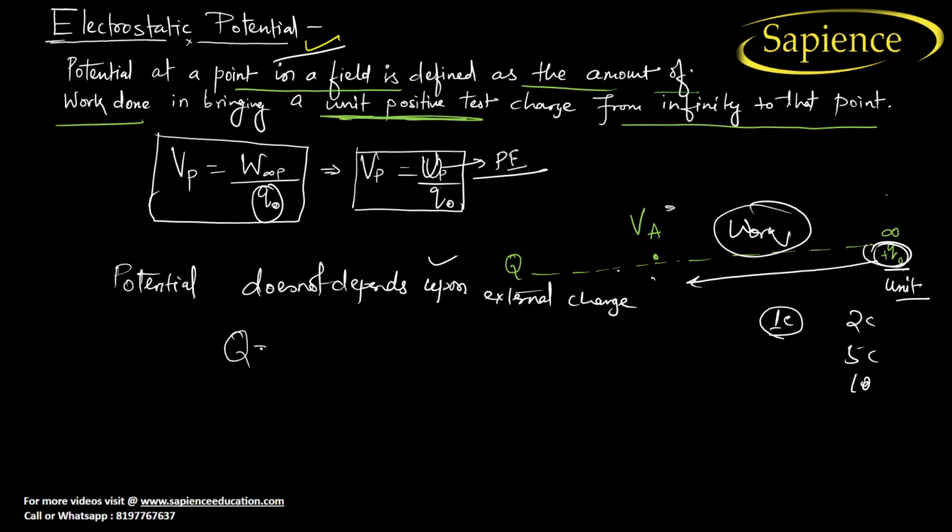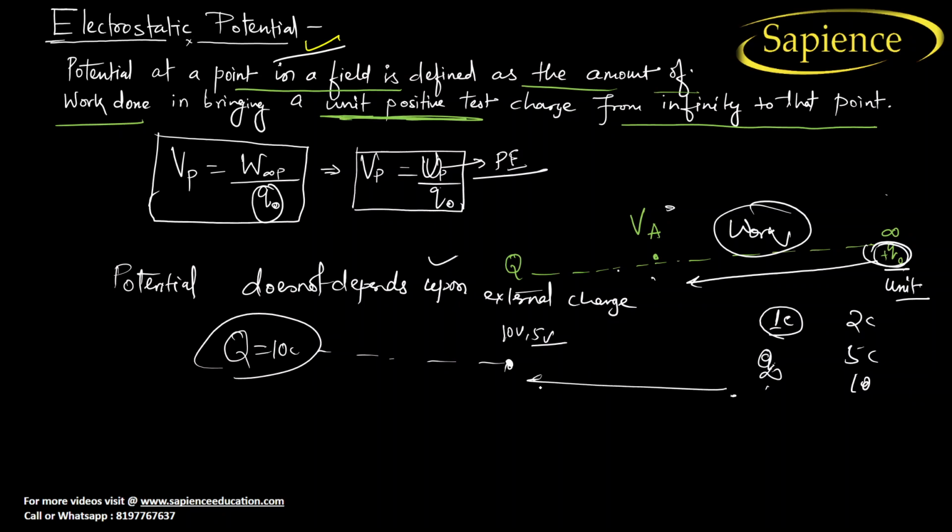For example, this Q charge is equal to 10 coulomb. Now, due to 10 coulomb, what is the potential at this point? It may be 10 volt, 5 volt, but it does not depend upon the external charge. Why? Because whatever charge you take, I will only consider 1 coulomb charge.